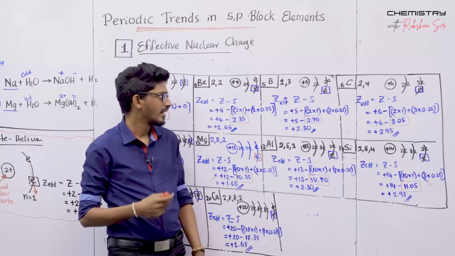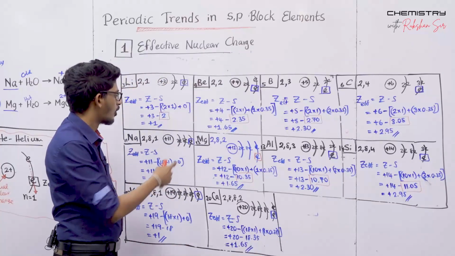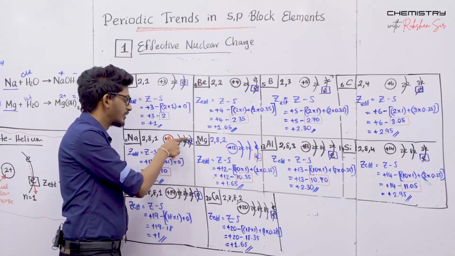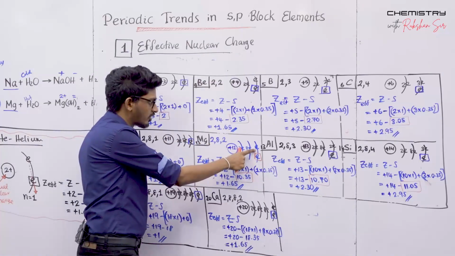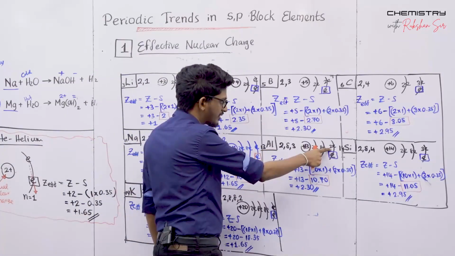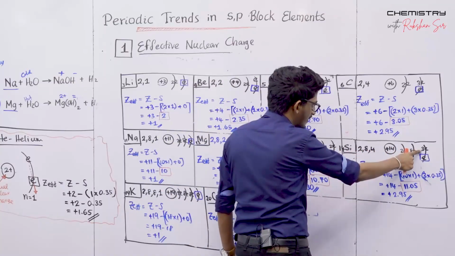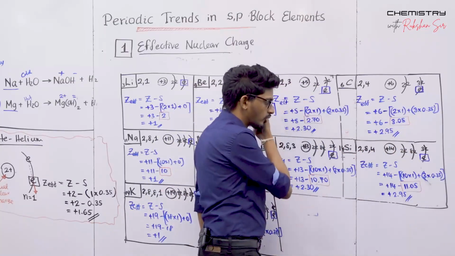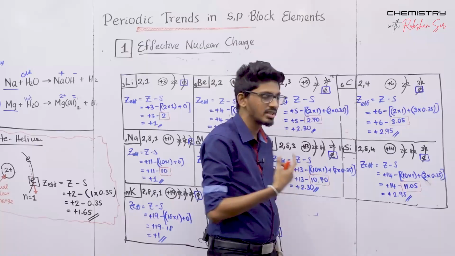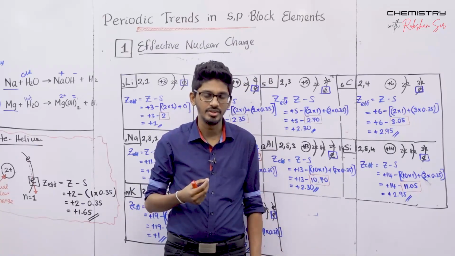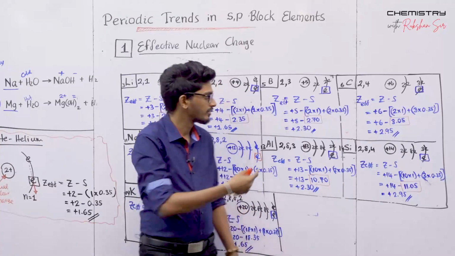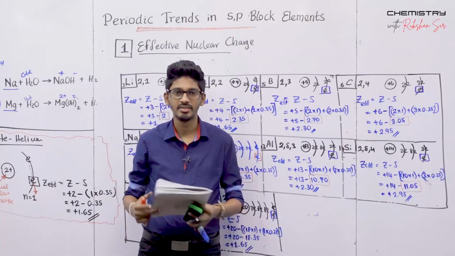That is due to the addition of a same shell electron. Here you have 0 same shell electrons, here you have 1 same shell electron, here you have 2 same shell electrons, here you have 3 other same shell electrons. So as the same shell electrons increase, the shielding effect will slightly increase by 0.35 units going towards right of a period.